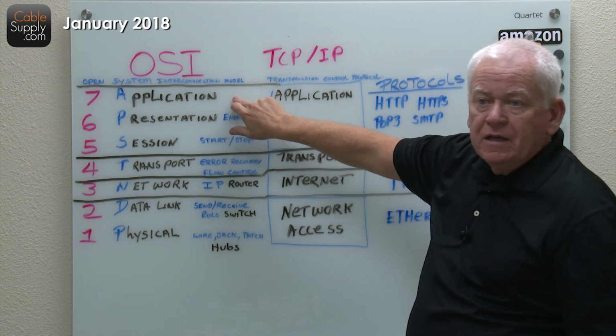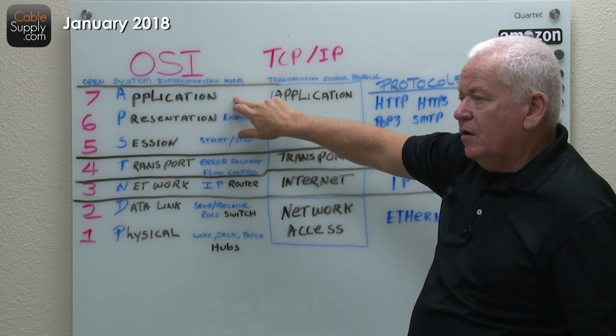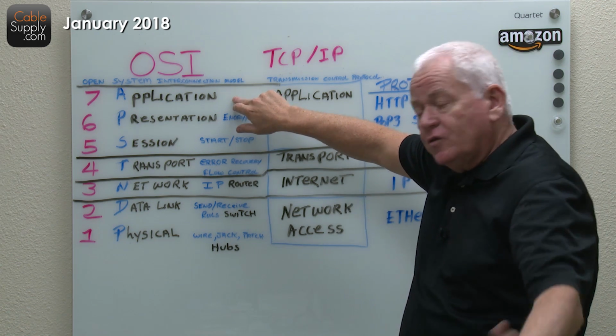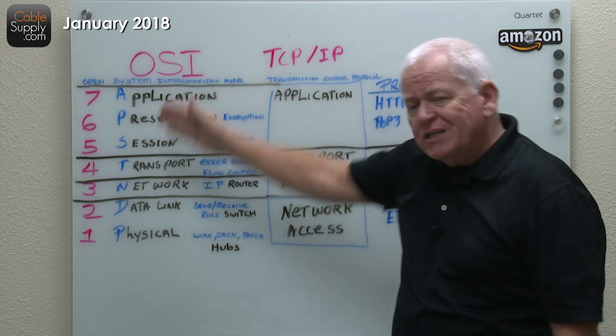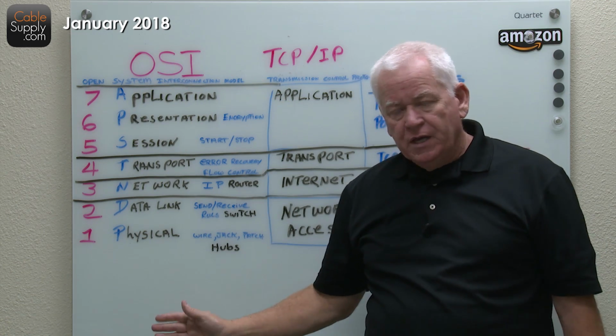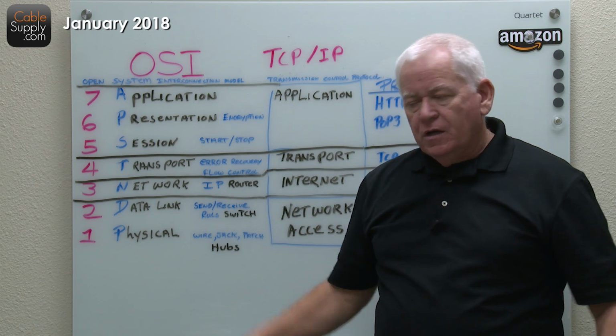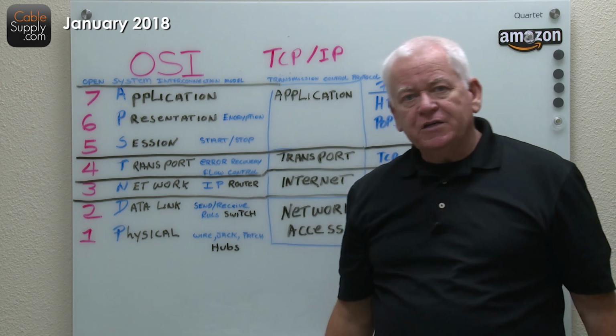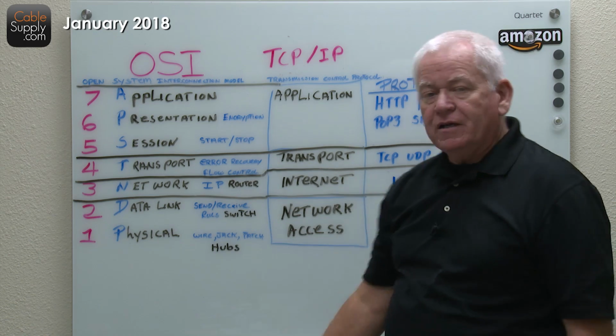This has nothing to do with Microsoft Word, Excel, or similar software that appears on your screen. You don't actually see this on your screen. The computer won't say, next we're going into the presentation layer, and then the session layer. It doesn't say any of that.